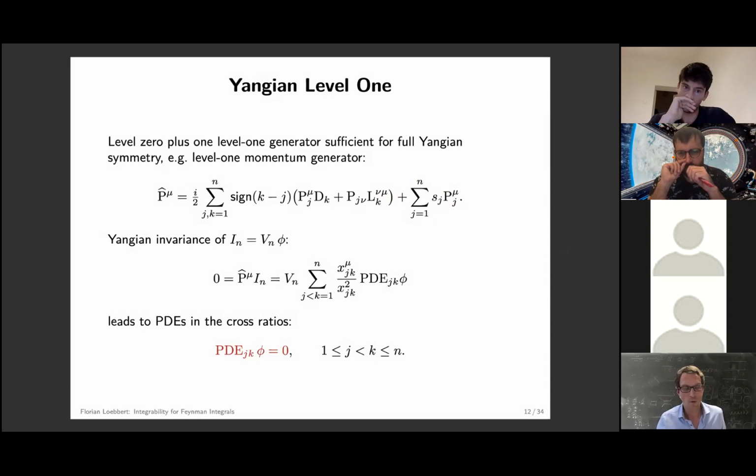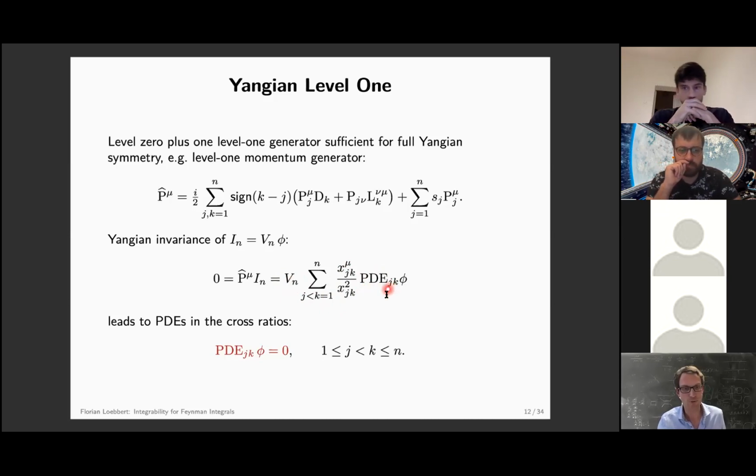One can evaluate these invariances under the Yangian generator, and we write them in a certain form. We take out an overall prefactor that carries the conformal weight, and we write it in terms of these particular vectors, which are then multiplied by some differential operators, which I call PDE.